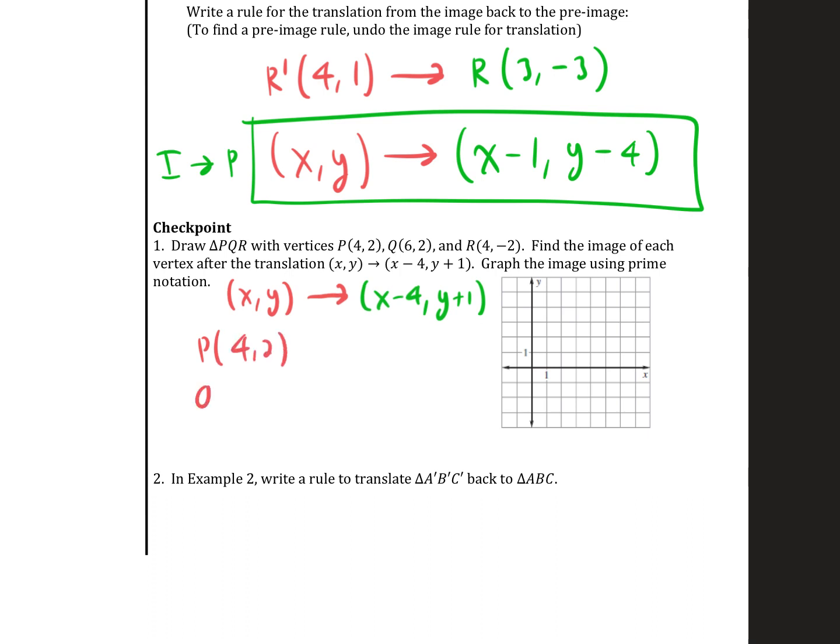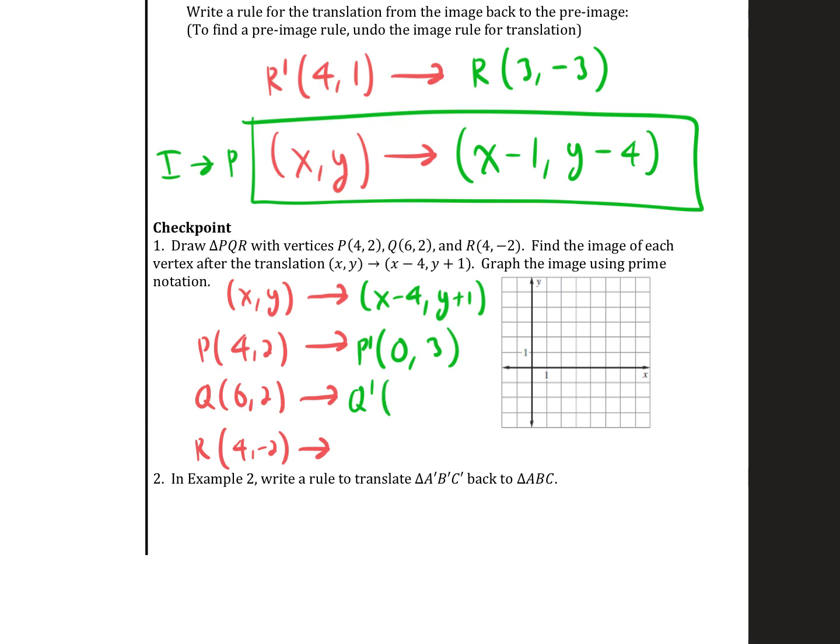We have Q was 6, 2. And we have R was 4, negative 2. Okay. And our new image, our P prime, right? So for P prime, we're subtracting 4 from 4, we get 0. And 2 plus 1 is going to be 3. So we get 0, 3.